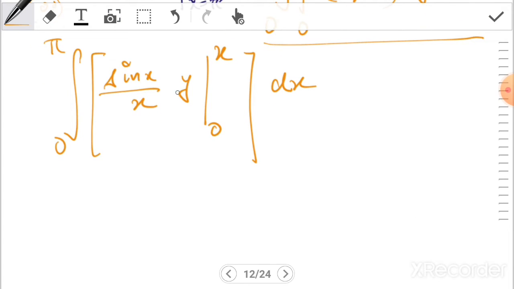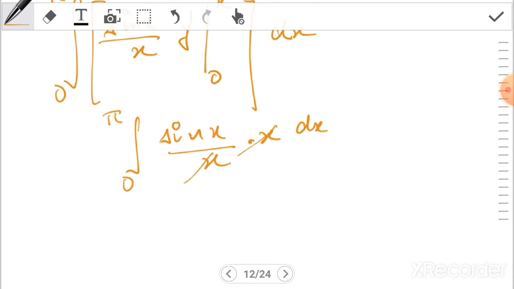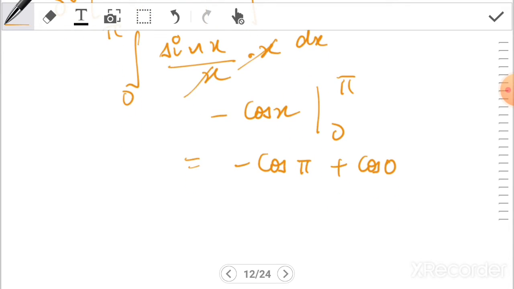So this is nothing but sin x by x into x, which cancels, and dx, 0 to pi. Now we know the integration of sin x. This is minus cos x varying from 0 to pi. This is minus cos pi plus cos 0. So cos pi is minus 1, so this is plus 1 plus 1. So 2 is the right answer.